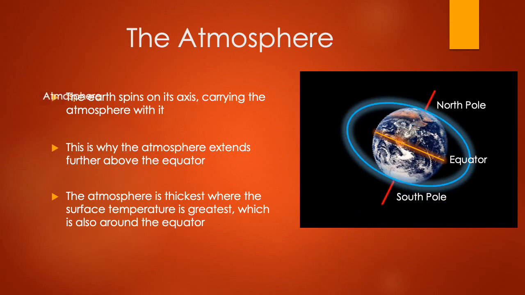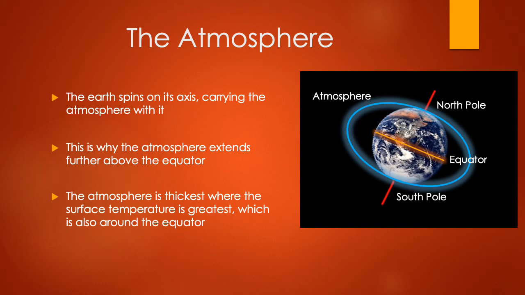So the Earth spins on an axis, and the axis goes through the North Pole and the South Pole, and it carries the atmosphere with it. So as the Earth spins, it carries the air above it around with it as well. And that's why the atmosphere extends further above the equator, so it's carrying the air mass as it turns.